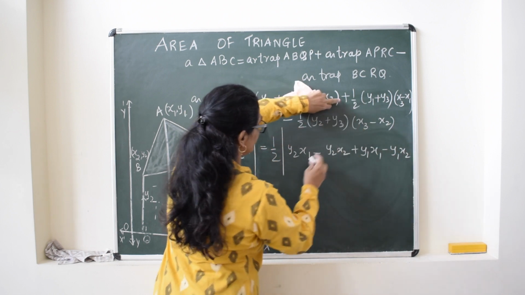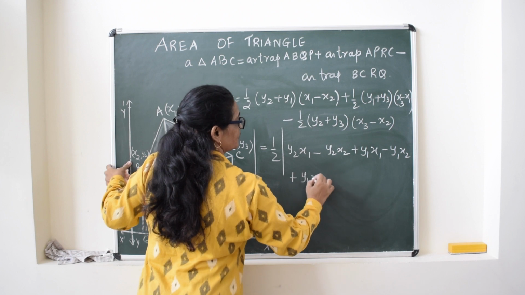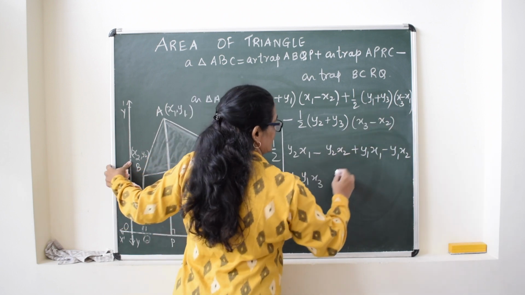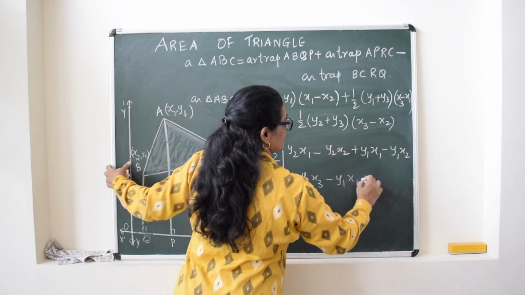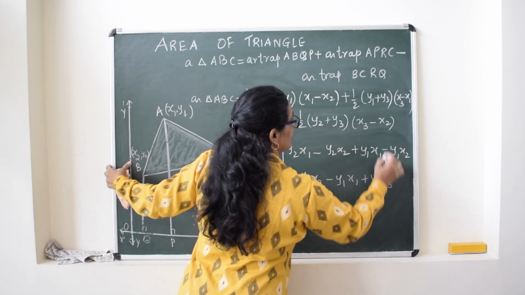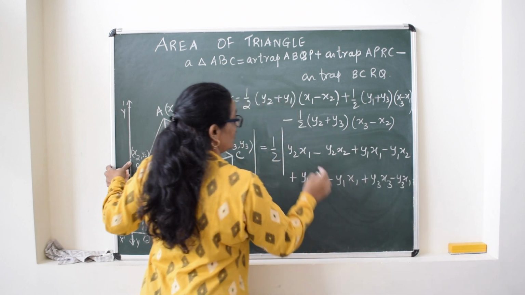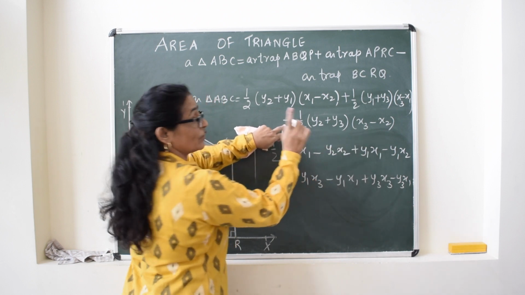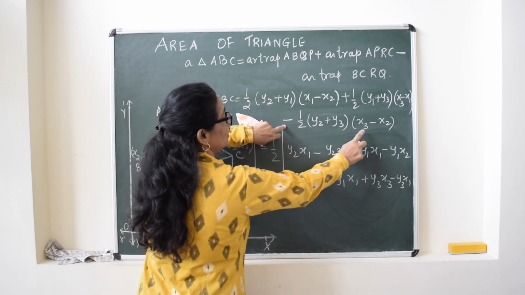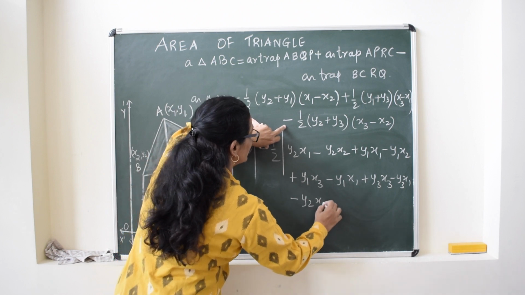Here it is plus y1 x3 minus y1 x1 plus y3 x3, and this into this will be y3 x1. Now here is a minus sign, so we have to see the overall sign. y2 into x3 but minus, so minus y2 x3.